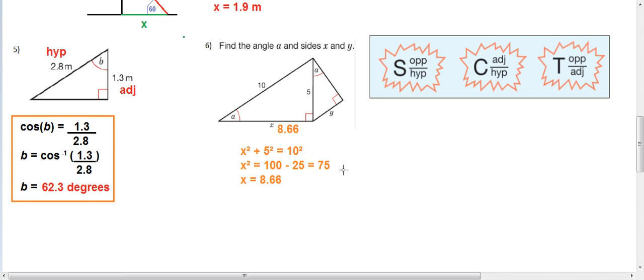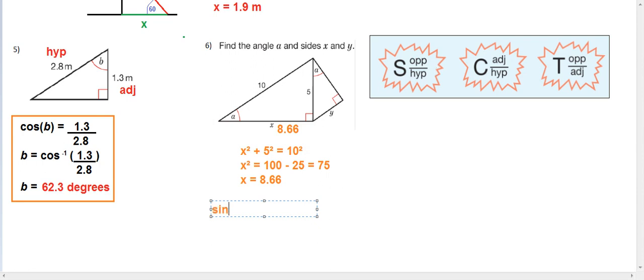Now let's find out the angle alpha, or the angle A. Since we want to find an angle, we're going to use the inverse function of one of the SOH CAH TOA rules. We have the three sides, so we may choose any one of these. I will choose the opposite side, 5, and the hypotenuse, 10. Opposite side and hypotenuse is the sine rule.